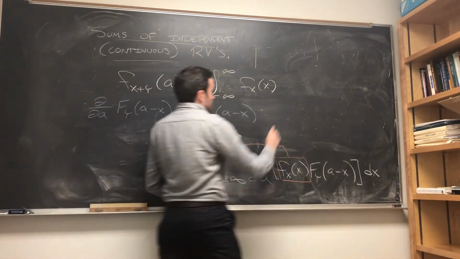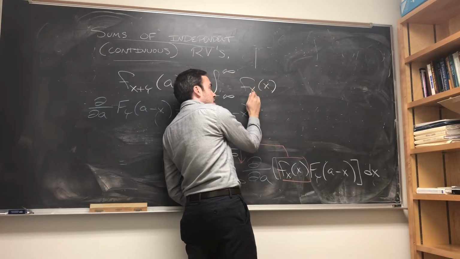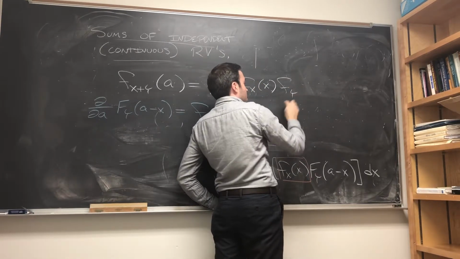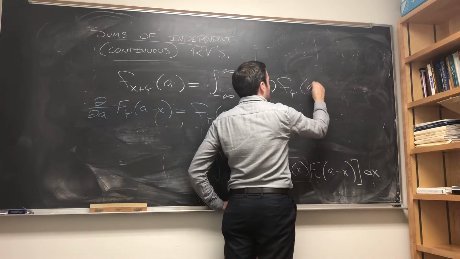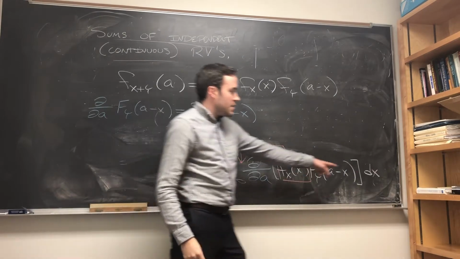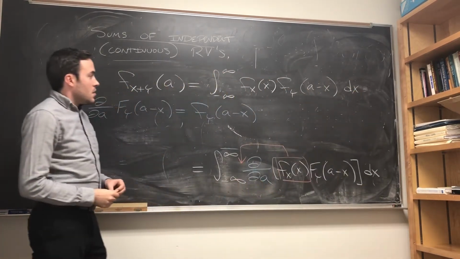In other words, what we've got here is the integral from -∞ to infinity of the PDF of the variable x evaluated at x, multiplied by the PDF for the variable y evaluated at this strange place a minus x, and the dx just tags along for the ride.